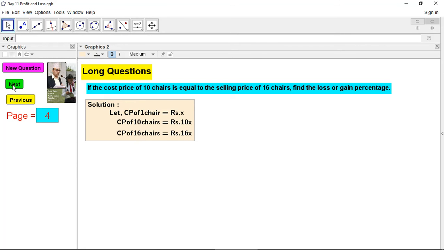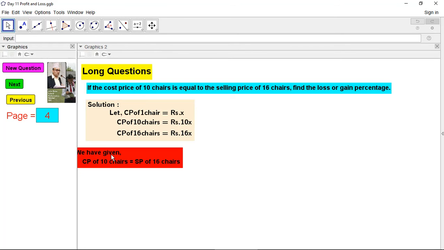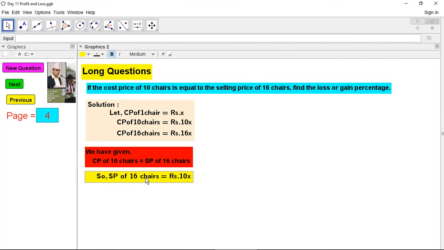The next step, dear students: CP of 10 chairs equals SP of 16 chairs. So SP of 16 chairs equals CP of 10 chairs, so SP of 16 chairs equals 10x.